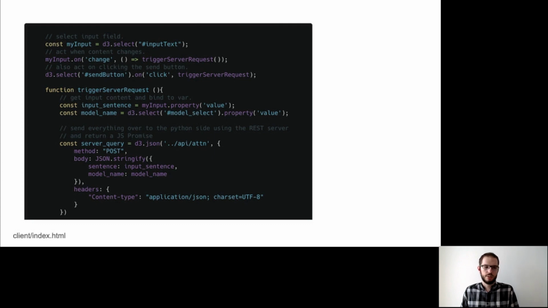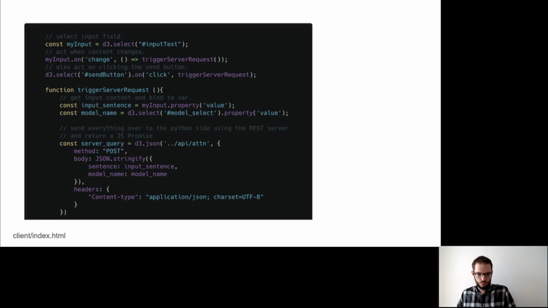Then below, we also have some JavaScript, of course. Our first part is that we want to see what our input is. And here we simply use D3 already, where we say d3.select and select the element with the ID input text.